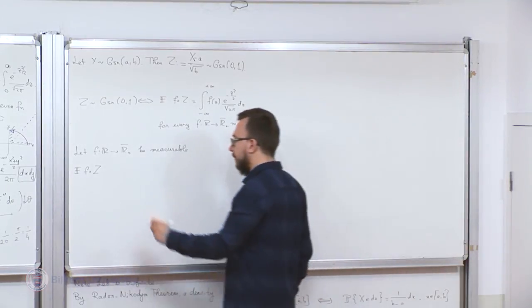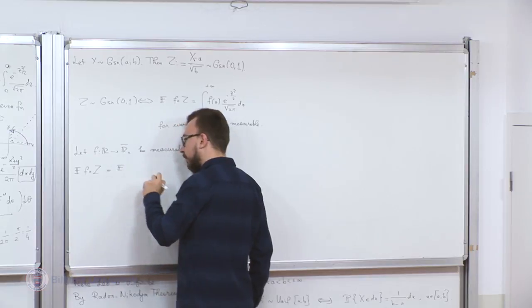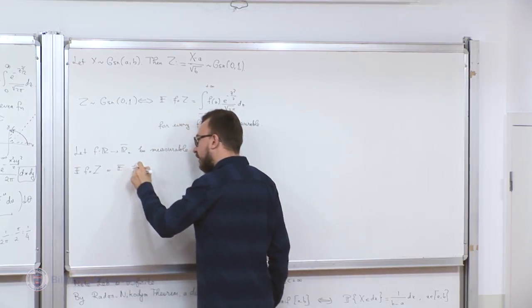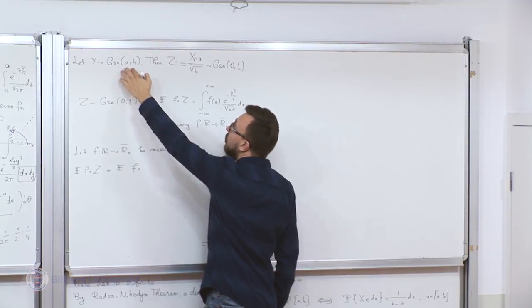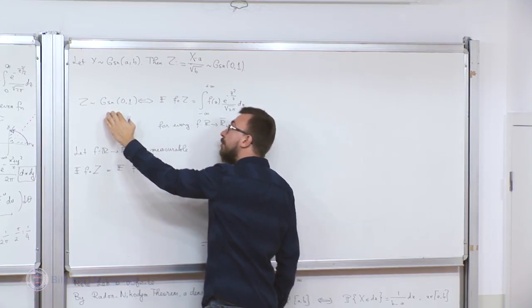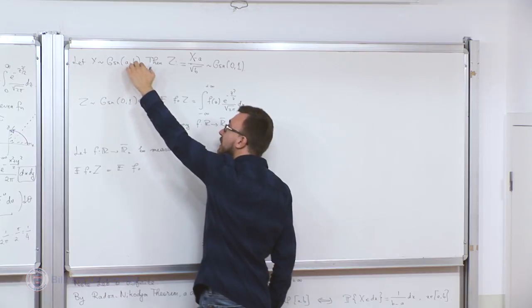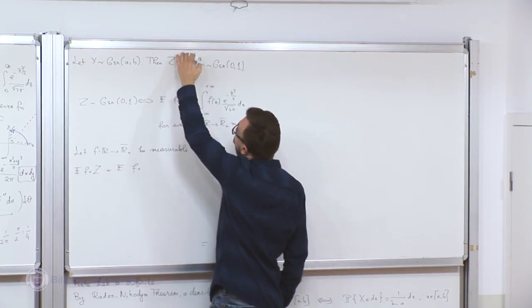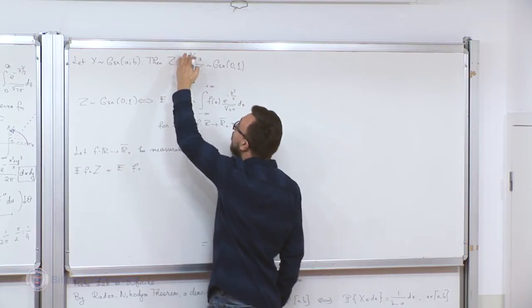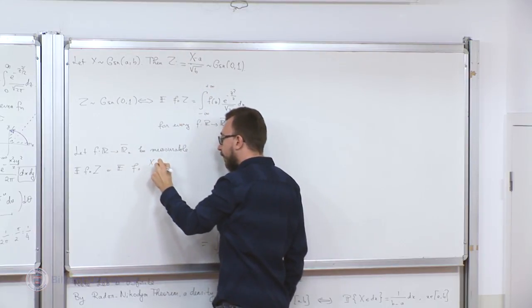So let's start. First of all, this z is defined in terms of x, whose distribution we know. So we're not sure if z has this distribution, but we're given that x has this distribution. So we can use the fact that z is defined in terms of x and the other fact that we know the distribution of x.